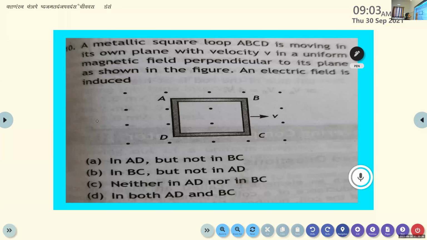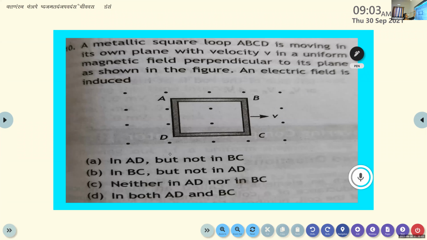Actually, students, please note that here the loop ABCD is a metallic loop. In the case of metallic conductors, free electrons behave like the carriers of the charge.